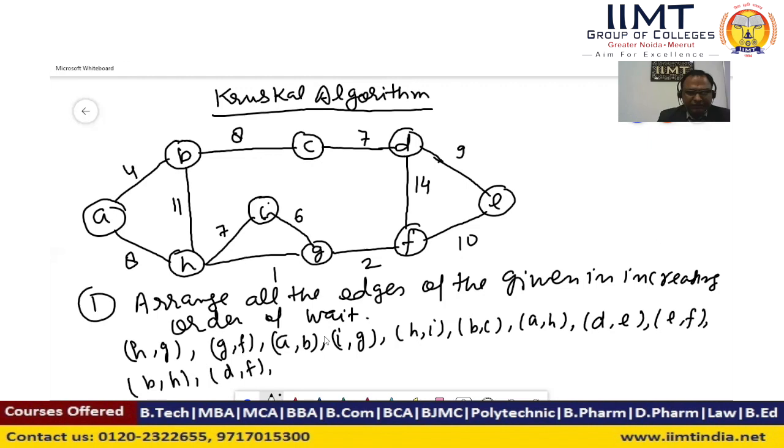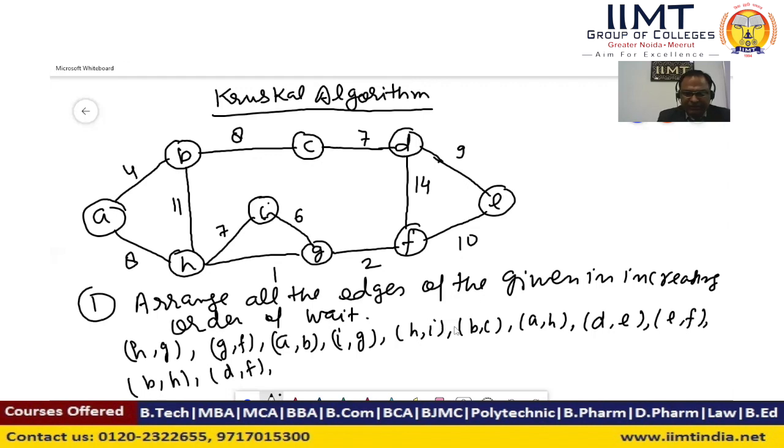Let me count the edges: 1, 2, 3, 4, 5, 6, 7, 8, 9, 10, 11. I think one is left somewhere. Weight 7 appears 2 times: h comma i and c comma d.